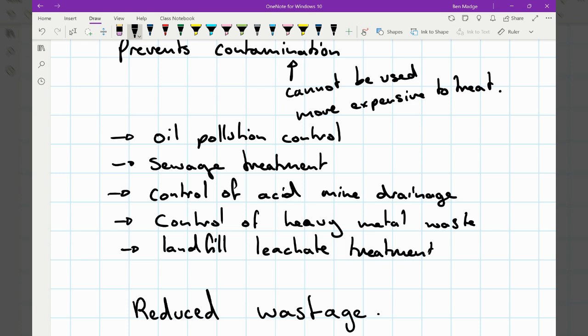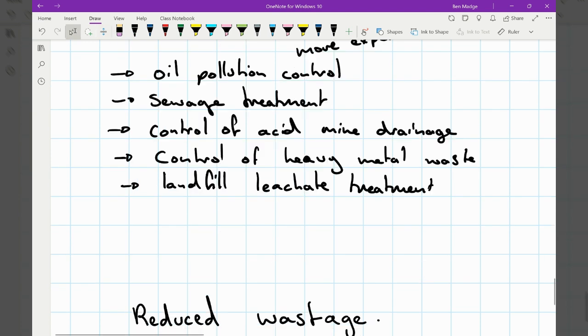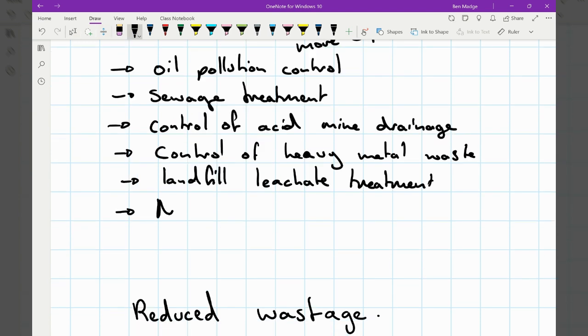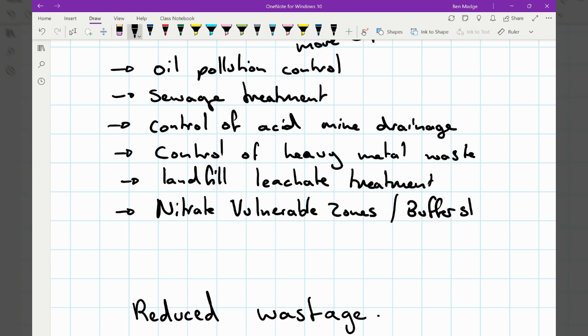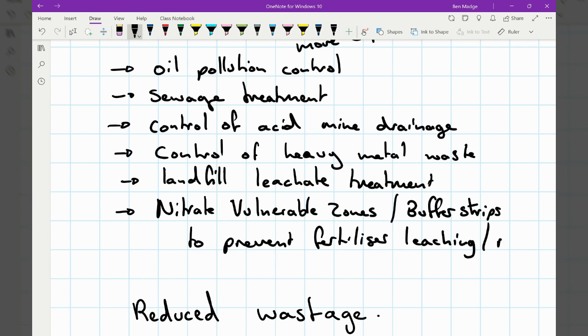and things like nitrate vulnerable zones or buffer strips to prevent fertilizer leaching or runoff.